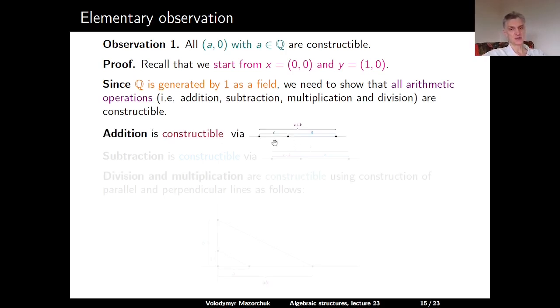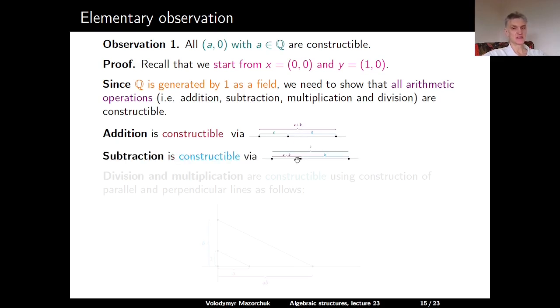The addition is constructible in the following way. So if we have 2 points with distance a between them and 2 points with distance b between them, we can draw them on the same line, and then the distance between the first and the third point will be a plus b.